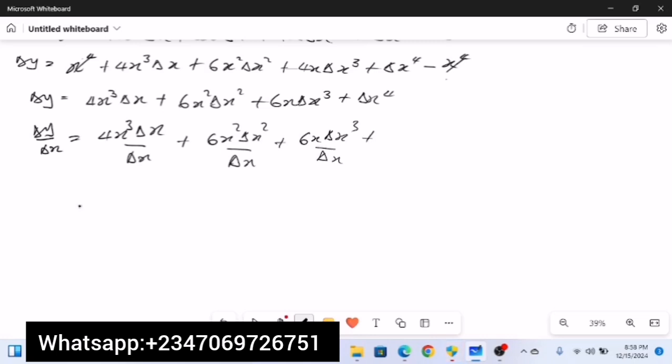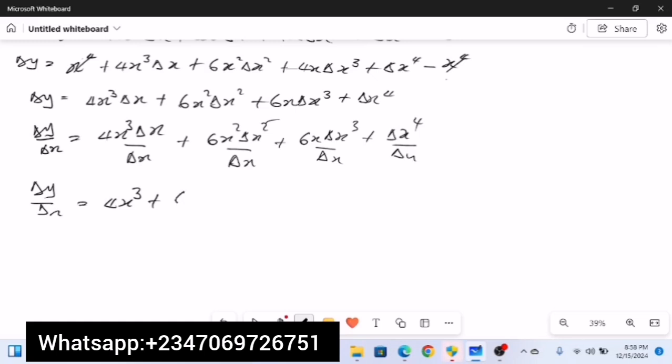plus change in x to the power of 4 divides change in x. And if we do this, we'll have change in y all over change in x to now be equal to, over here change in x cancels change in x here, so we have 4x to the power of 3 plus change in x cancels one of the change in x here.